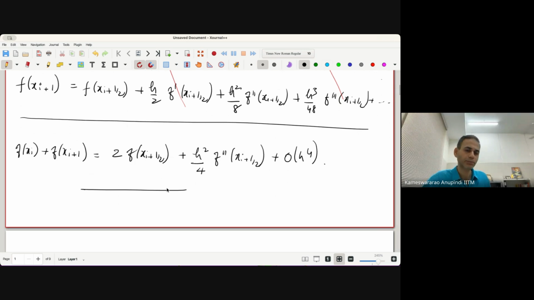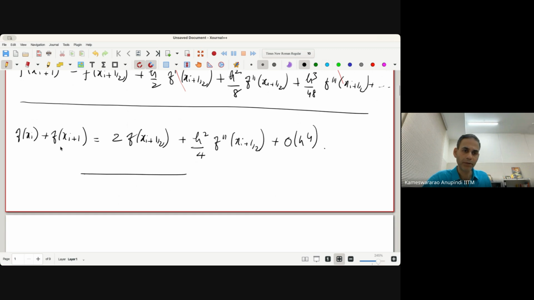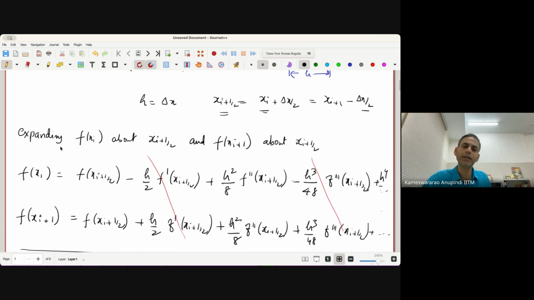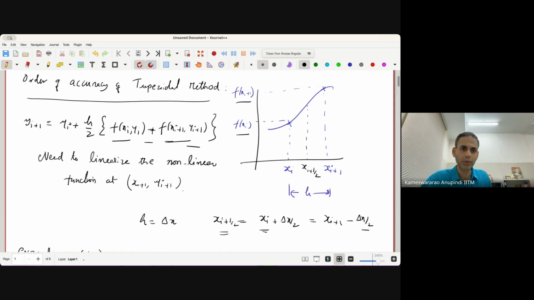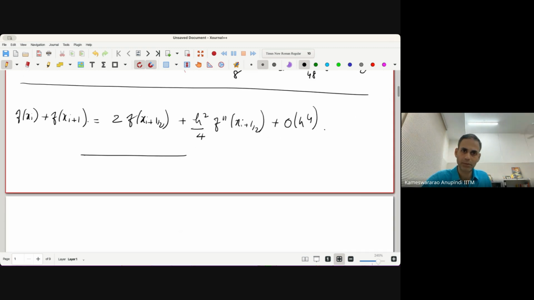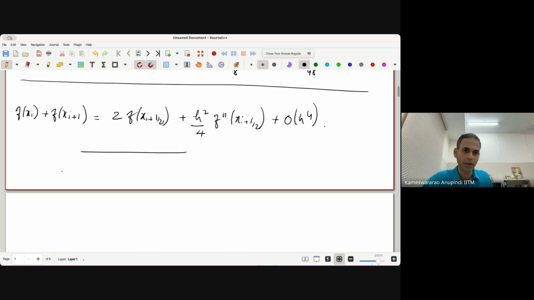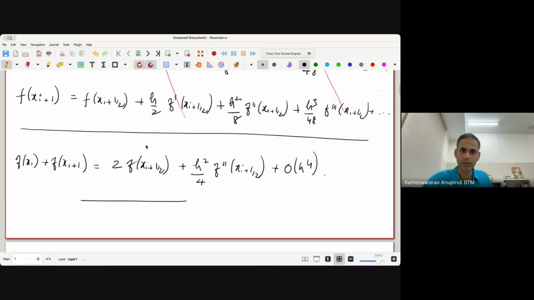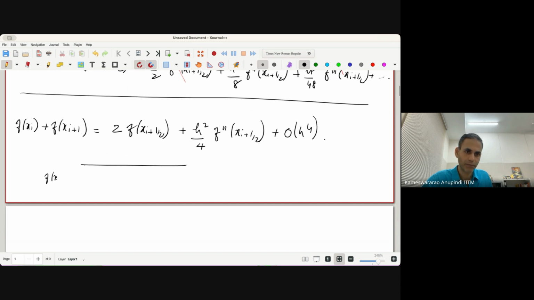But then what I have in this expression is basically f of xi plus f of xi plus 1 divided by 2, into h. So this is the term I have. So what I'm going to do is write it. Essentially f of xi plus f of xi plus 1 by 2 is nothing but f of xi plus half plus h square by 4 f double prime xi plus half.